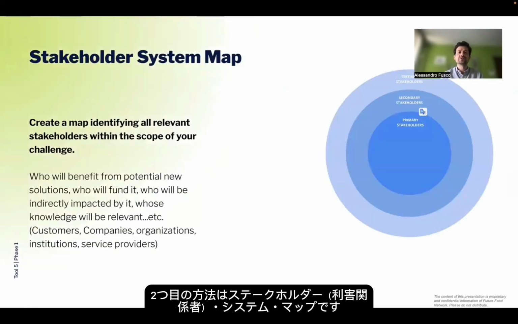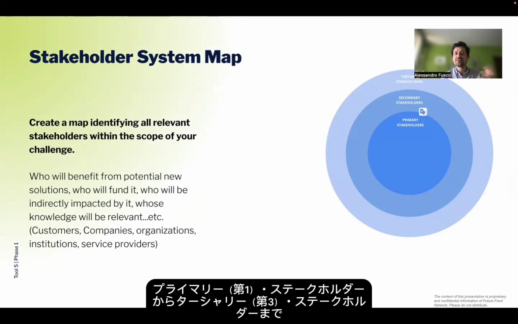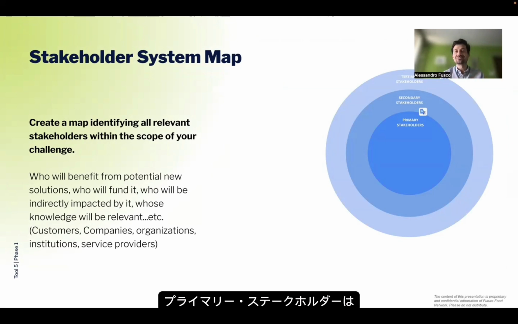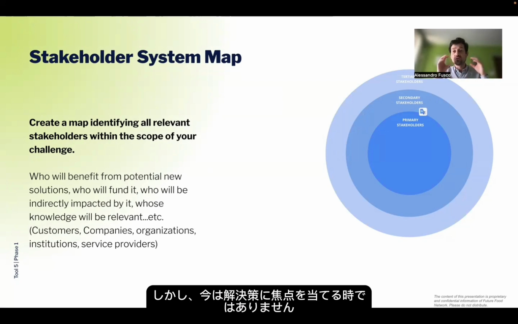The second method is stakeholder system map. This activity will allow you to create a map identifying the most relevant stakeholders, from primary to tertiary stakeholders. The primary stakeholders are the stakeholders that are the most important for you, and they will probably be the core target of your solution. But this is not the moment to focus on solution.